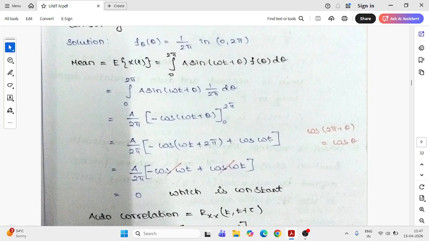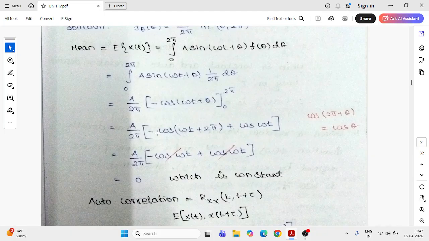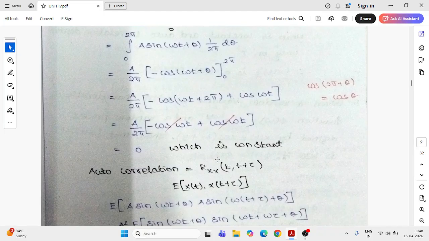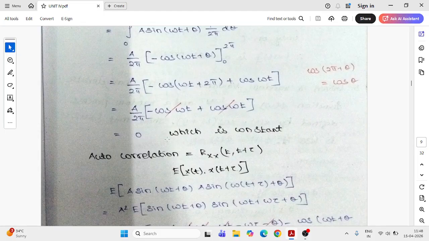Now we know that cos(2 pi plus theta) is cos theta. So this becomes minus cos omega t plus cos omega t. This is a negative term, this is a positive term, gets cancelled. So we got the mean value as 0, which is a constant. So the first condition is satisfied.